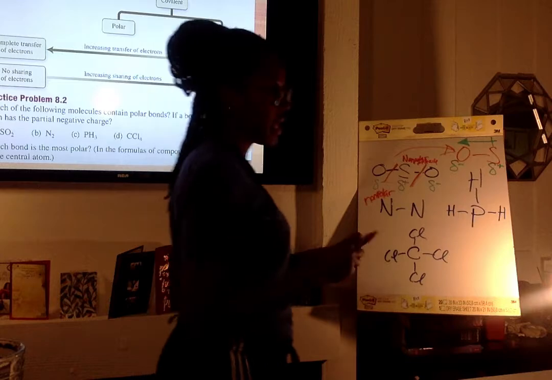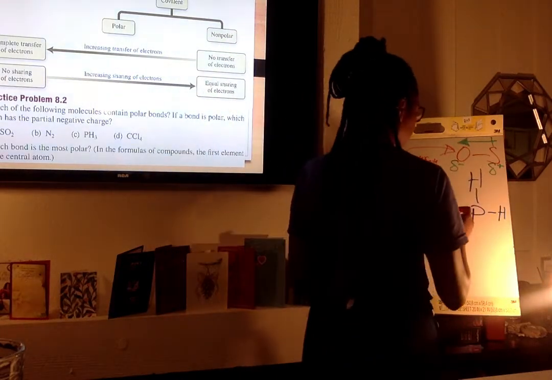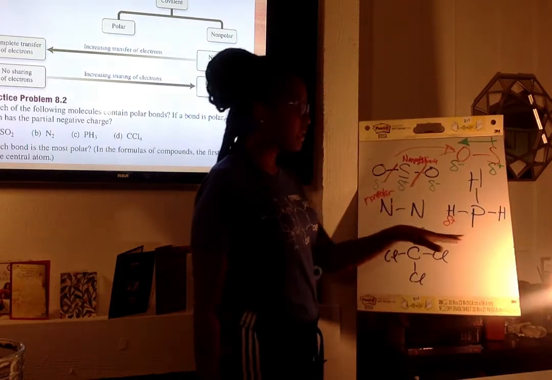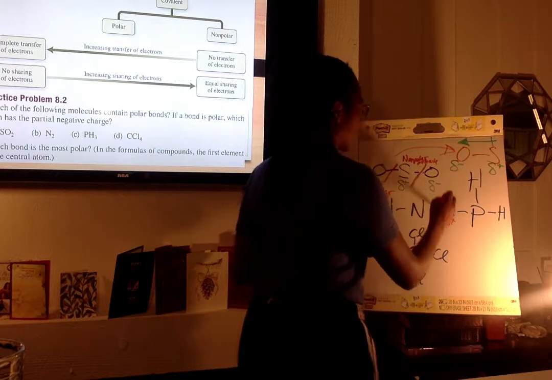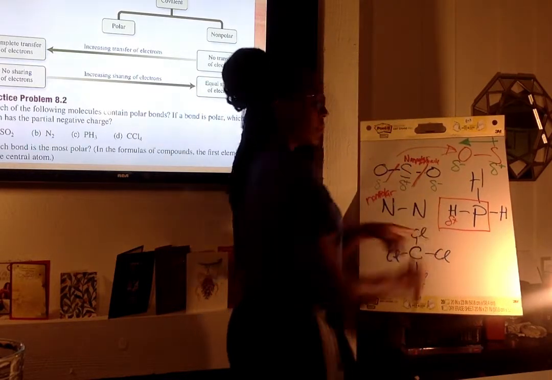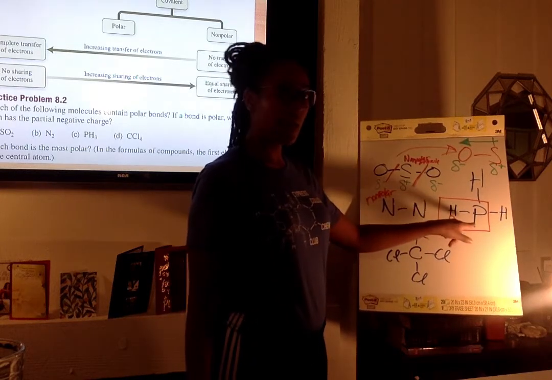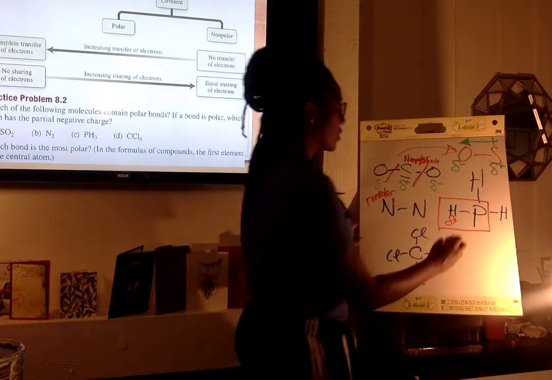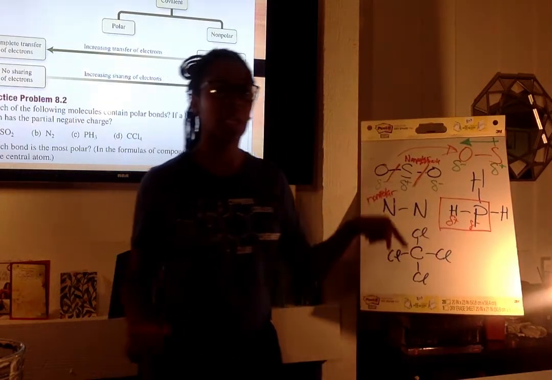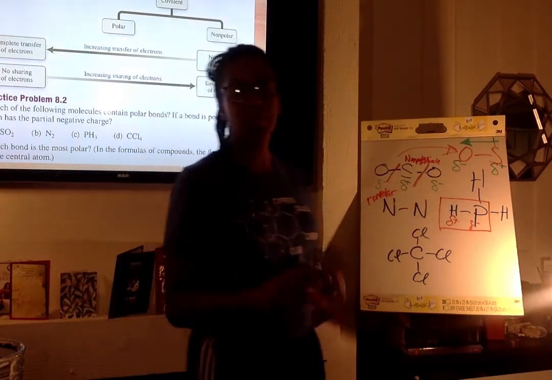So if that's true, hydrogen would then have the partial positive. Remember that you want to look at each bond individually. If there's a partial positive towards the hydrogen, that would make this phosphorus a partial negative charge, because the phosphorus is going to be pulling more, since hydrogen never has a pull.